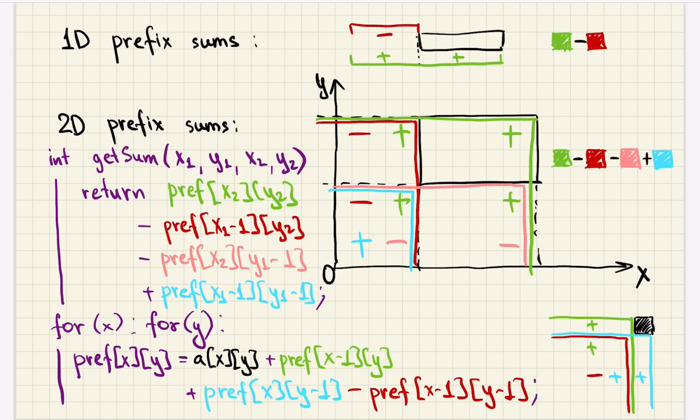But how to precalculate those things? Well, it's kind of similar. Let's look at this small picture. For the sum in this figure, we will need to add this cell, and let's try to reuse the values that we have already calculated.